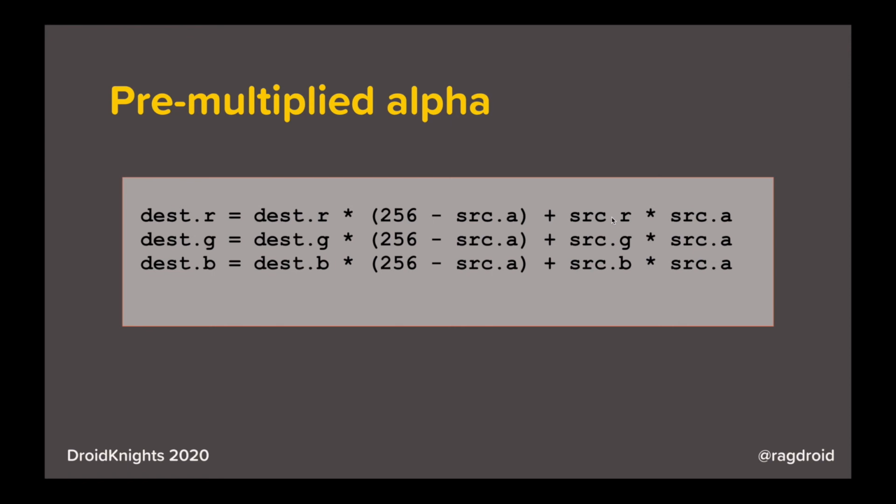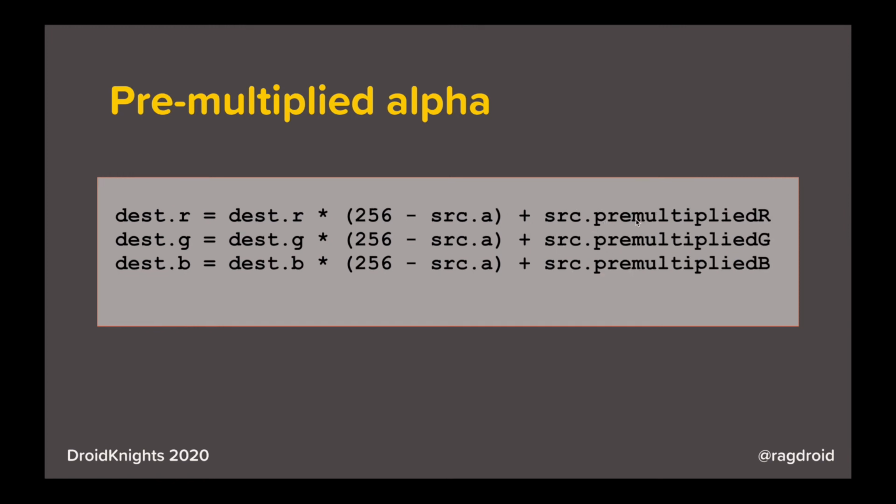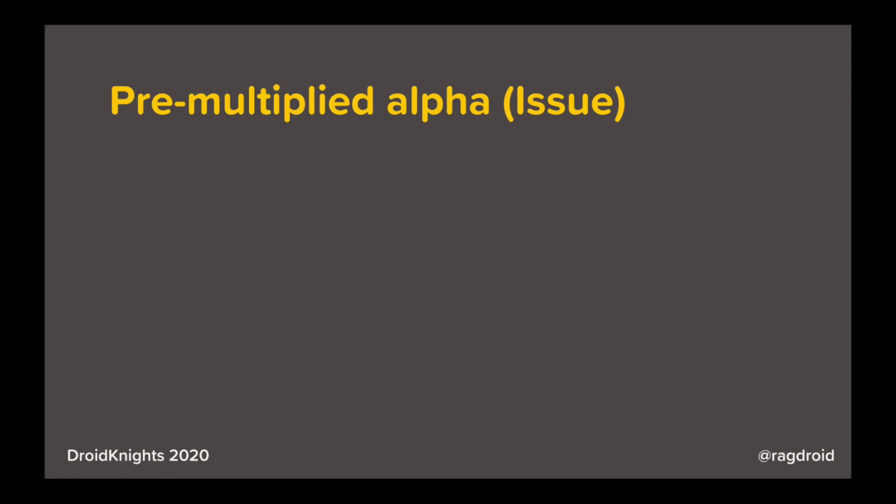In order to optimize this, Android pre-calculates these values, because it knows this is how it's going to render. So this is how it stores transparent images: alpha is pre-multiplied on these transparent images. Which is fine, and Android does it for optimization and improvement purposes.